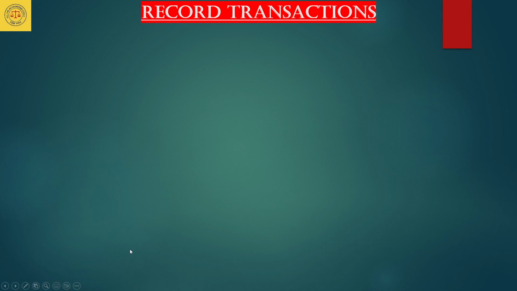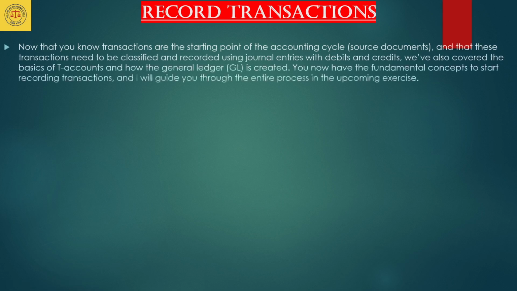Record transactions. Now that you know transactions are the starting point of the accounting cycle, and that these transactions need to be classified and recorded using journal entries, or general journal entries, as I explained already, with debits and credits, because that's the standard procedure.